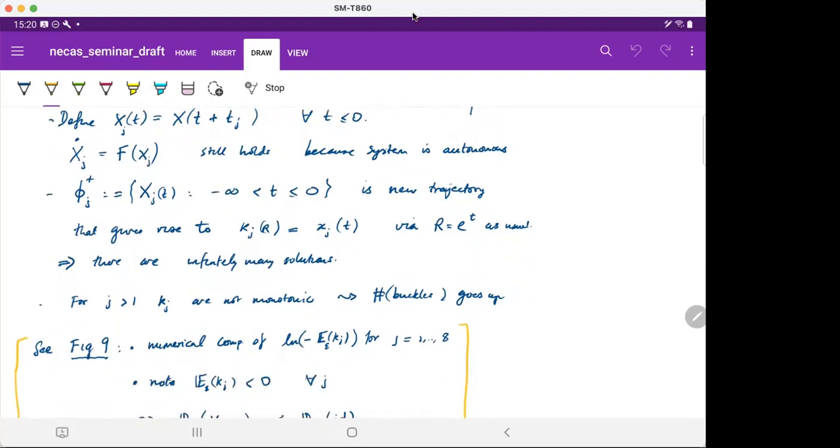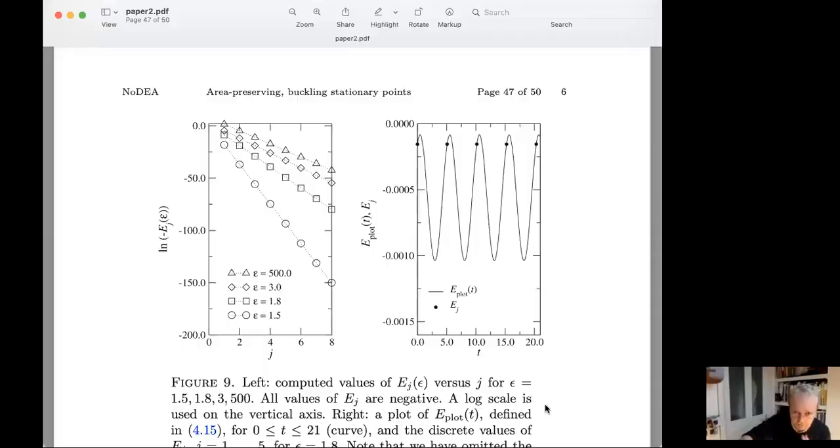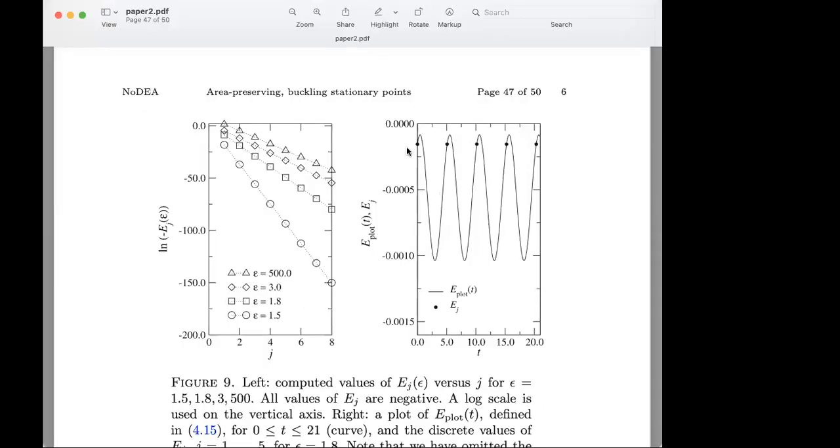So you should be able to see a figure, and it's the left-hand figure that I'd like to draw your attention to. This is a plot for various different values of epsilon.